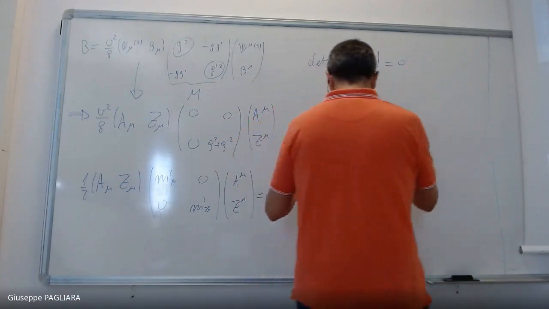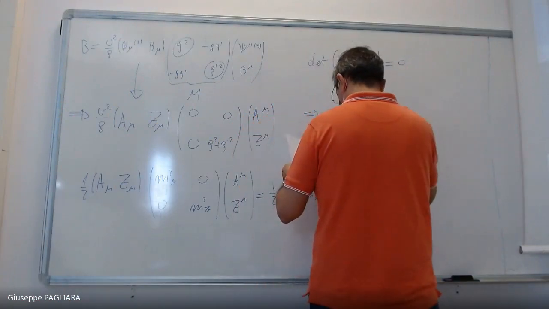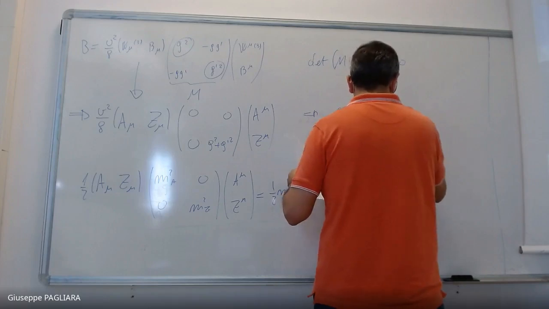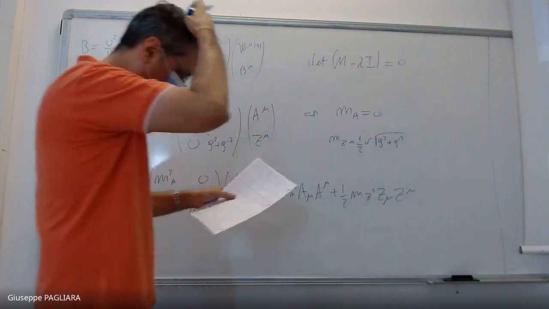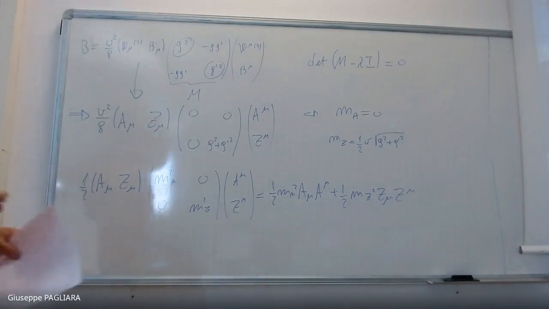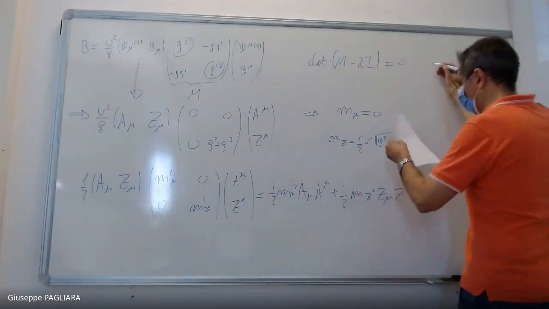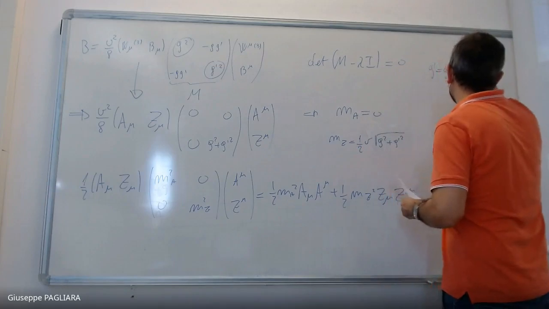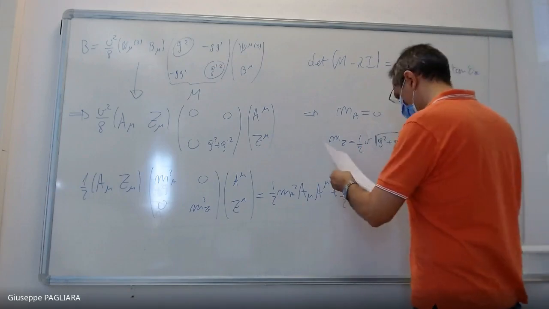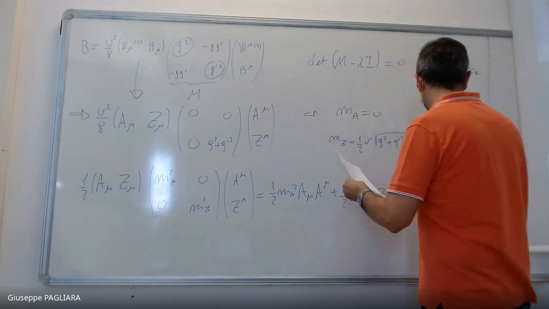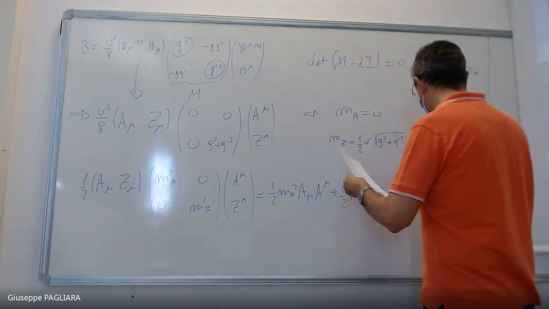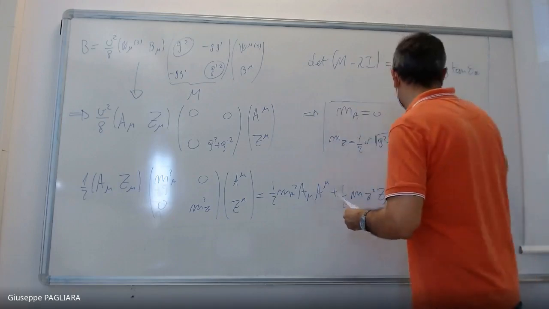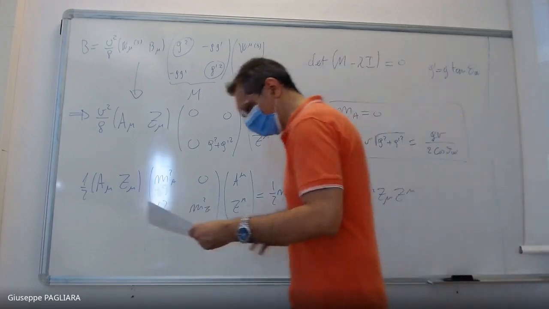So the end result will be 1/2 v root of g squared plus g prime squared. And if we make use of the relation g prime equal to g tangent of the Weinberg angle, we can also write it in the form g v divided by 2 cosine theta Weinberg. And this is our last result.